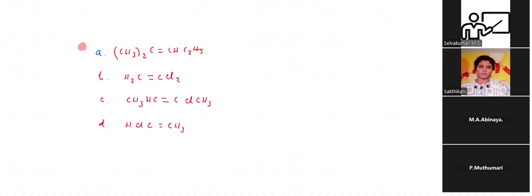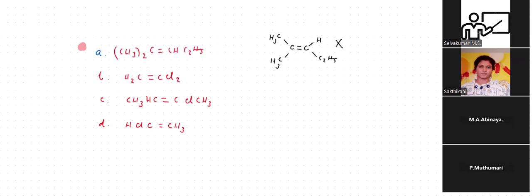I'm going to write compound A in this cis-trans form, C double bond C. One hydrogen and one ethyl group on one side, on the other side 2 methyl groups are present. So this is compound A. So this cannot give geometrical isomers.